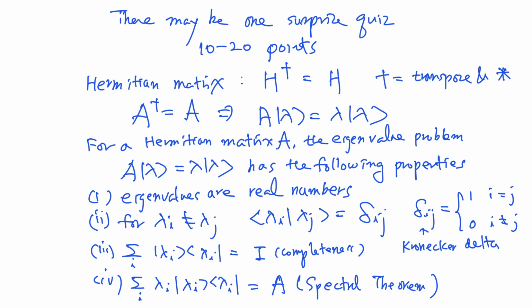So can I move on to the next page? So for example, if you would like to find the square of the matrix A, it is actually A times A, right? But A can be represented by the spectral theorem.